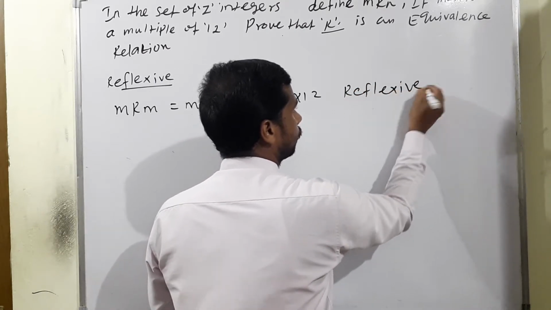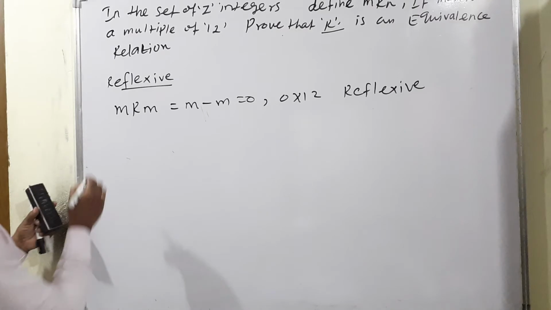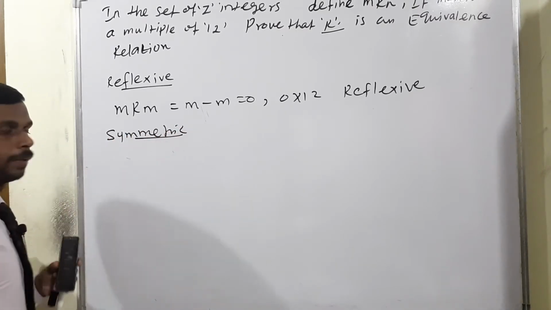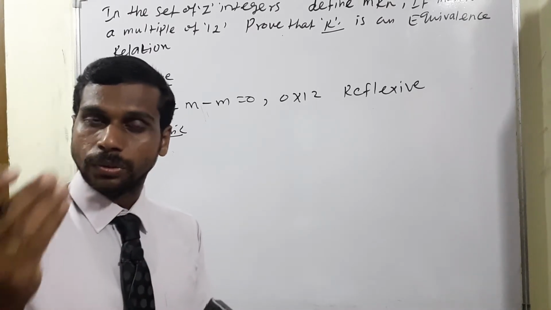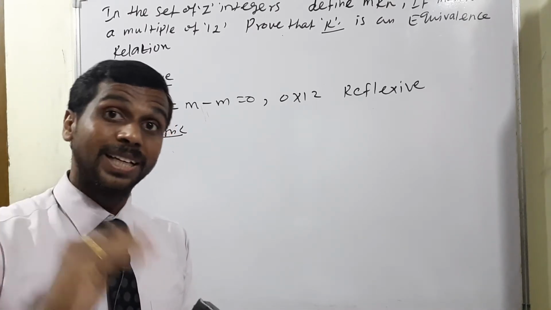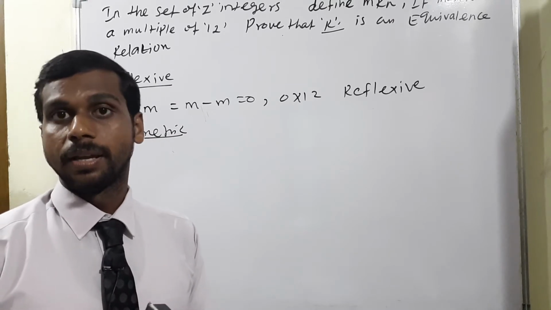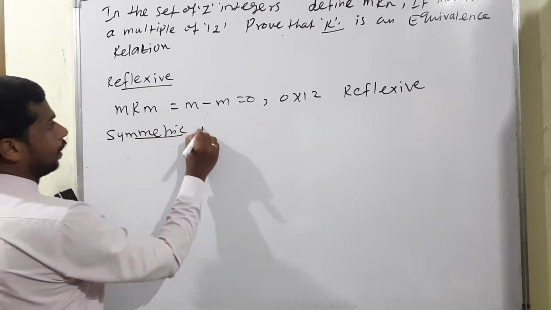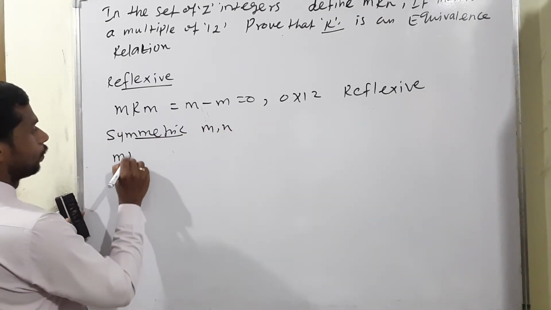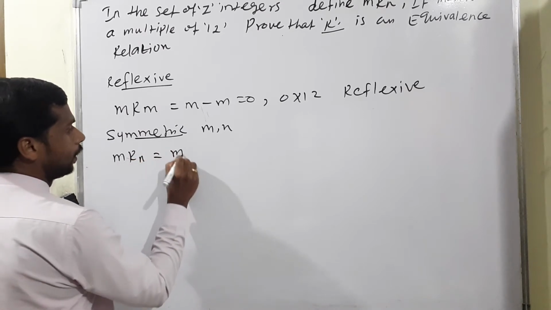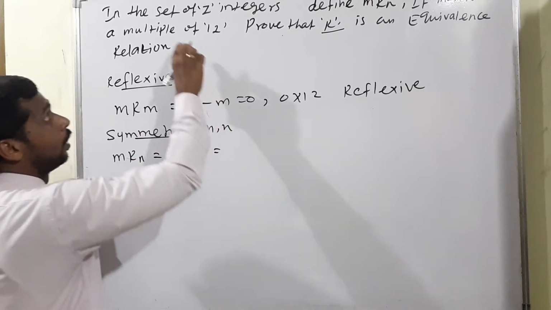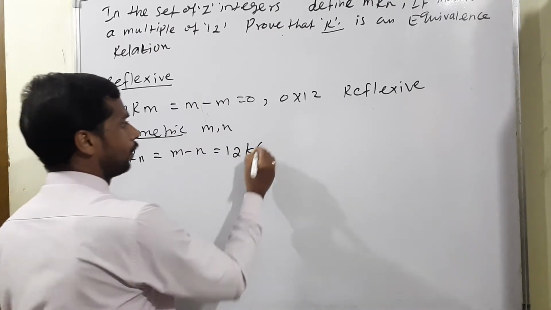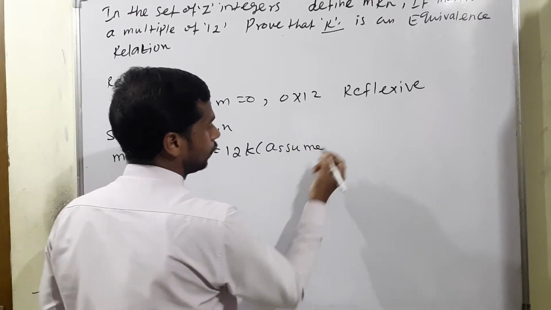Second term, symmetric. Symmetric means if (A, B) belongs to R, then (B, A) also belongs to R. Then only we can say it is symmetric. Consider m comma n. m related to n means m minus n is a multiple of 12, that is, 12 times k, where we assume k is some integer.